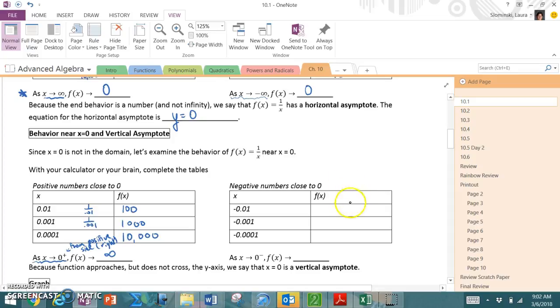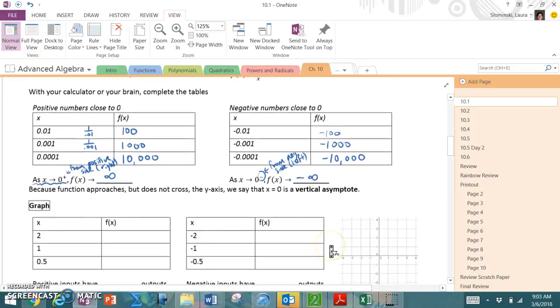If we do the same thing over here, we get negative 100, negative 1,000, and negative 10,000. So again, as x gets closer and closer to 0 from the negative side, which on the graph would be from the left, we can see that our numbers are getting bigger and bigger as negatives, so they're going to negative infinity.